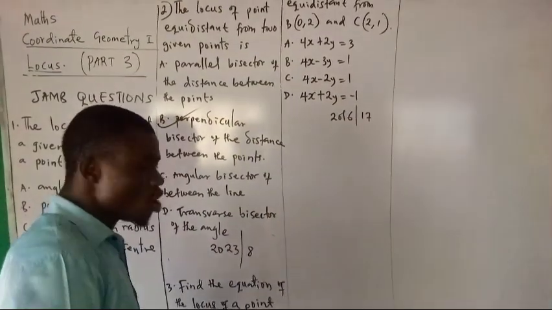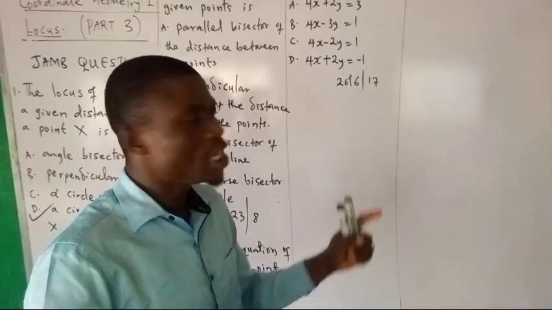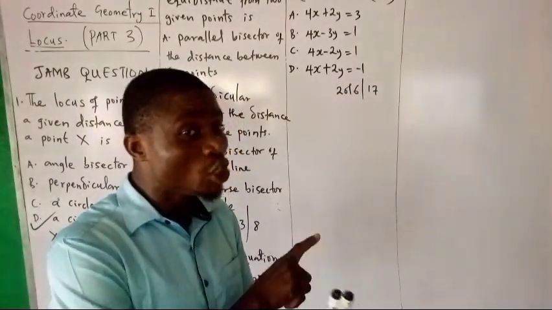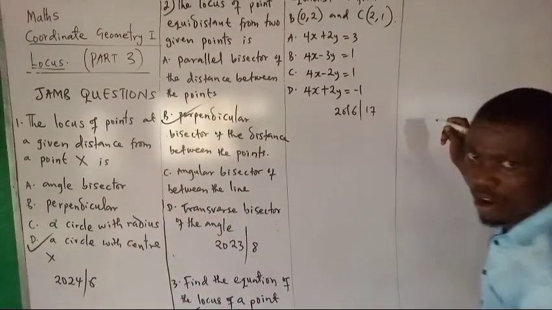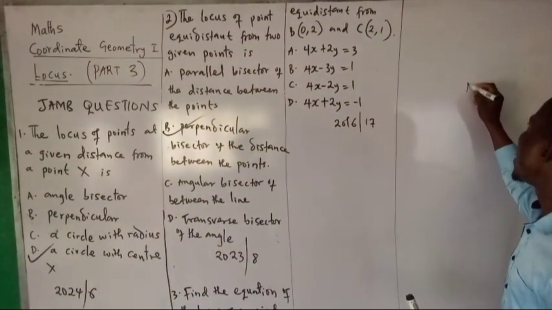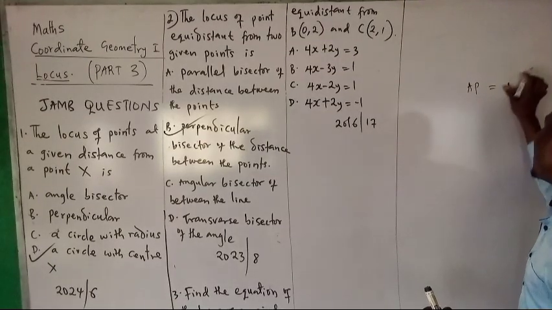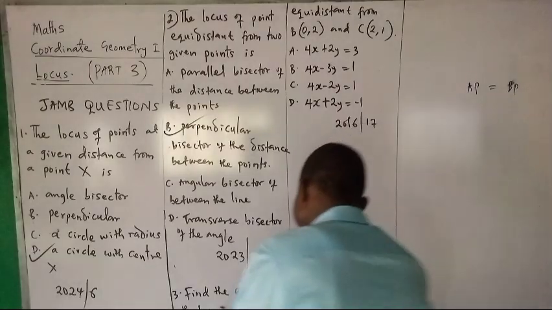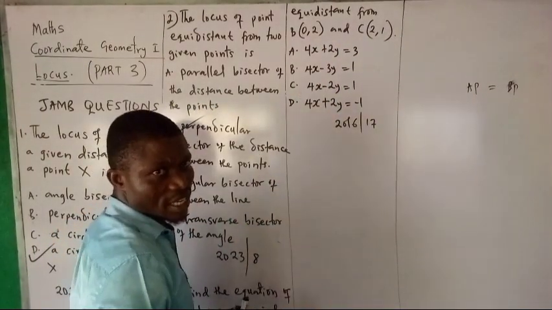I said that the locus of a point equidistant from two fixed points is always a perpendicular bisector of the line joining the points. And in such a case, I wrote something like AP being equal to BP.